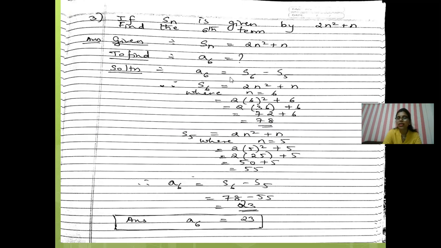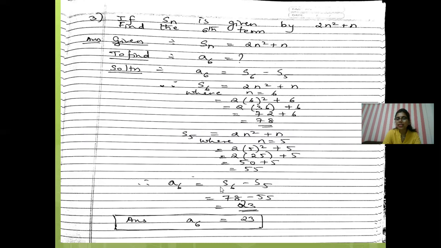So that is how you get the value of S6. For S5, again you substitute 5 in the place of n. So 2 into 5 square plus 5. 25 into 2, 50, plus 5 is 55. So you get the value for S5.